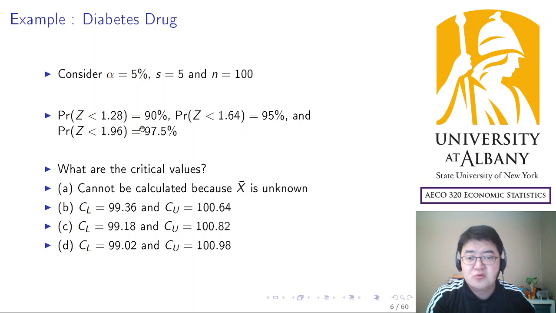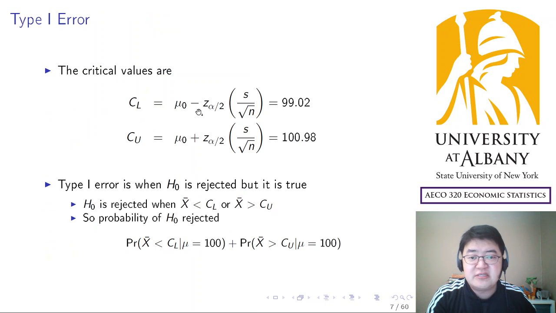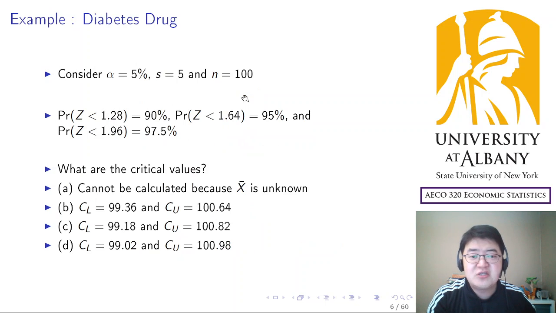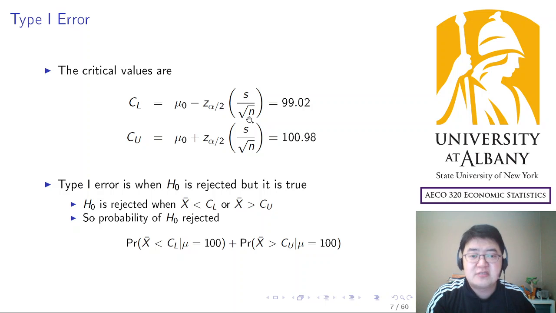It has to yield 97.5%. So 1.96 is the z-value corresponding to the 5% significance level. And the standard deviation was 5. Sample size is 100. So plug in the numbers, and you are going to get these numbers.